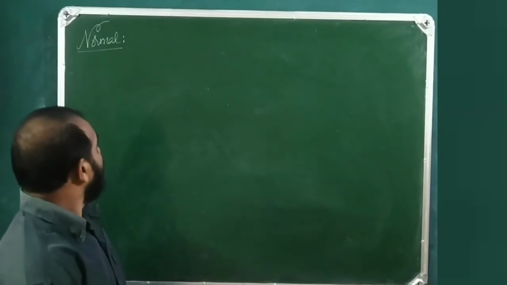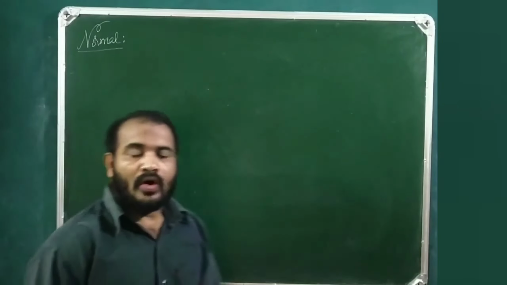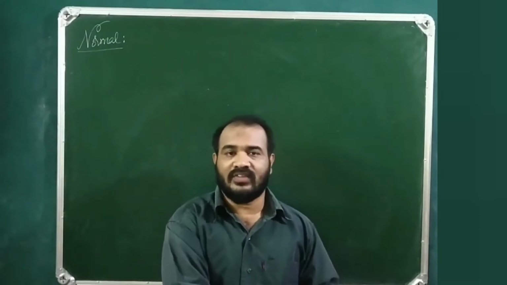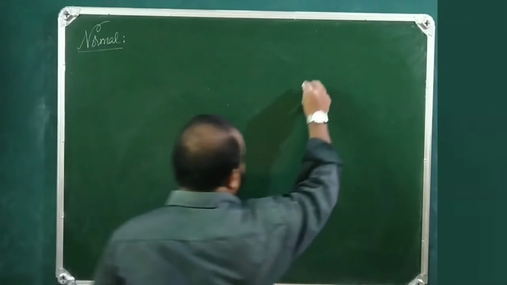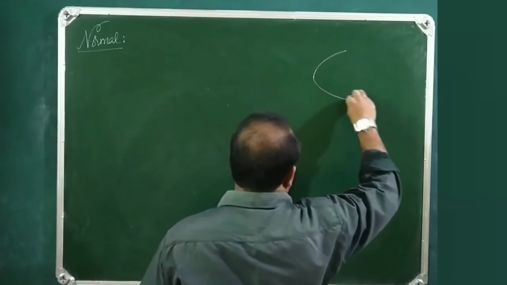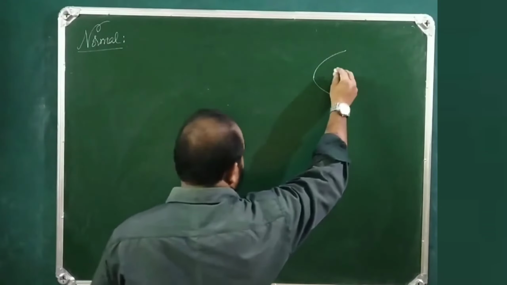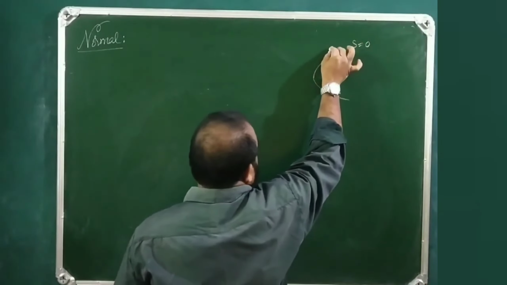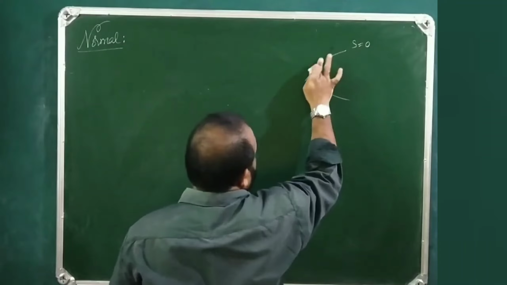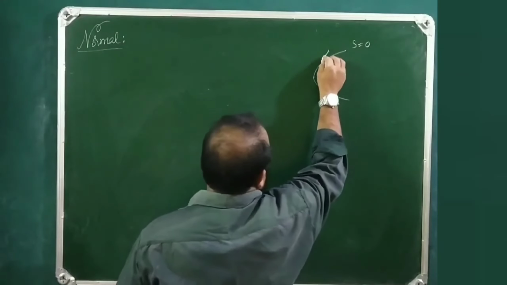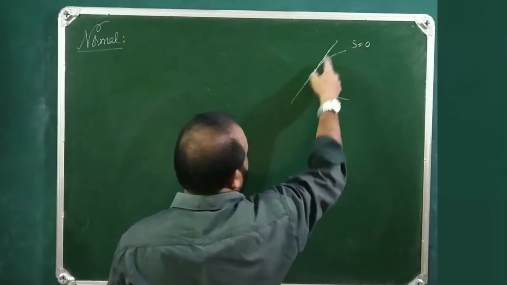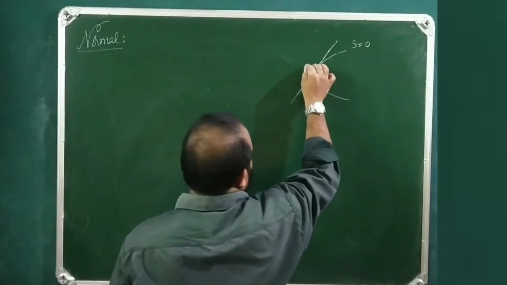Now the normal. What is meant by normal, which we have studied before also in the chapter circle. For example, let S equals 0 be the parabola. This is the tangent and P is the point.